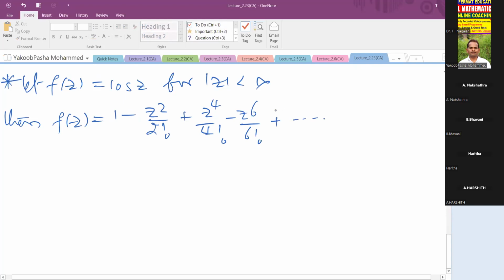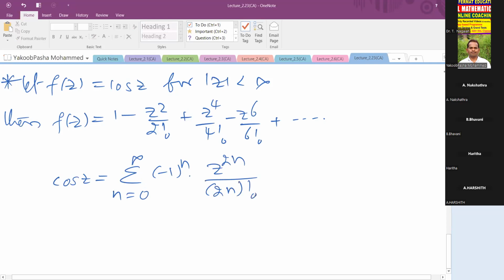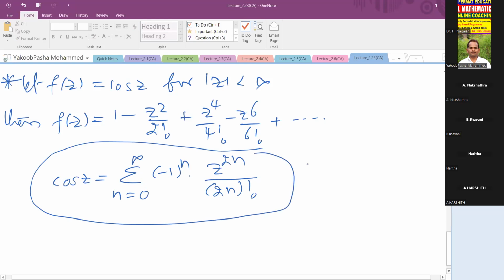All the even terms we are taking. So cos z can be written in summation notation as summation n is equal to 0 to infinity minus 1 to the power of n into z power 2n divided by 2n factorial, for modulus of z less than infinity.